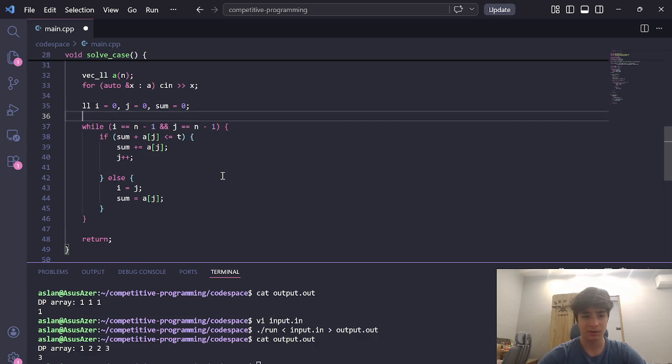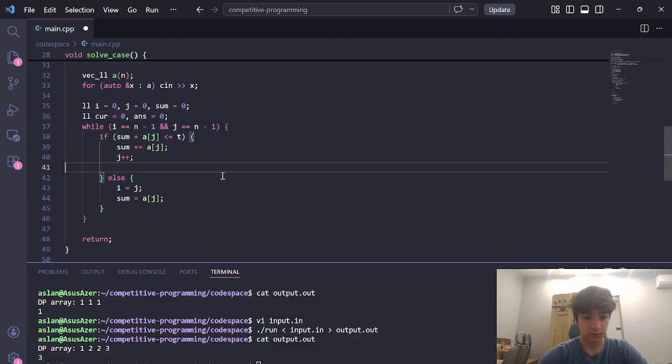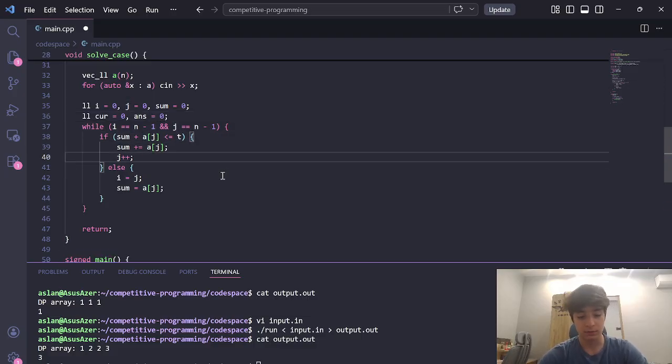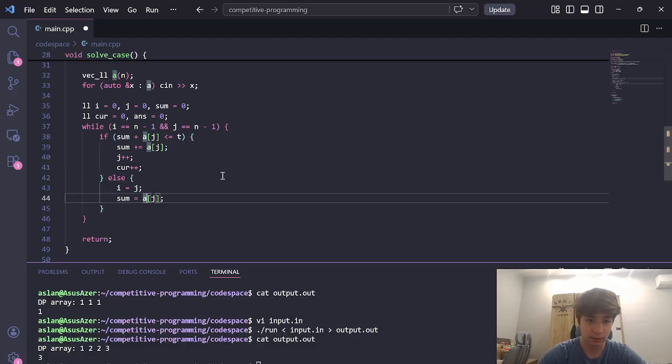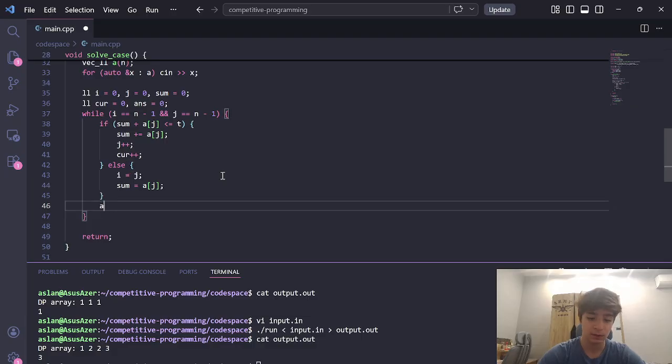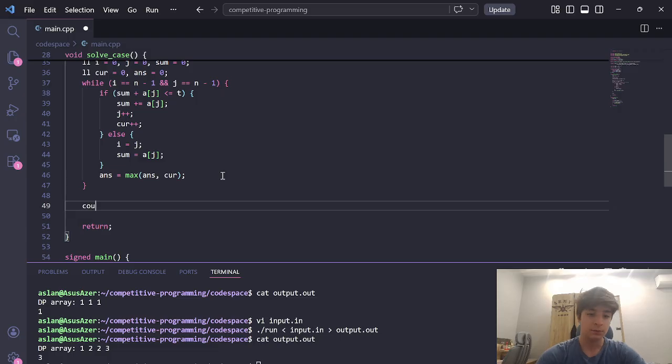Let's make also current equal to 0, answer equal to 0. If current, I mean current plus plus, there's going to be a stop mainly. Answer is going to be equal to max of answer and current. Then I'm going to print answer.